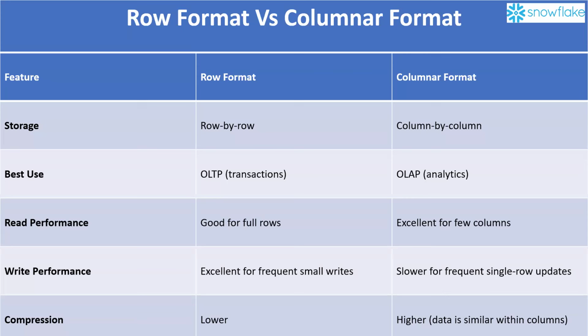Now let's take the example of a transactional OLTP system. If you have an OLTP transaction system, you know where it is useful: transactional data. For example, banking. If you go to a bank, they have a transaction database where they store your account related data.